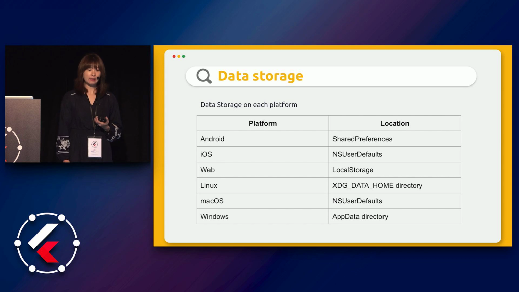But for Linux, macOS and Windows, where we store things is a bit different, but the API is the same. Location-wise, they're different underneath the hood. But this is something you don't have to handle separately when using a framework like Flutter, because it is provided by the Flutter framework with the same API.